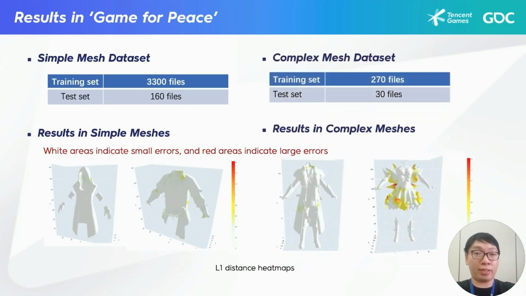We also created a complex mesh dataset, and the results below show that even on complex meshes, the effect is also good, with an average L1 distance of 0.21, which is slightly higher than that of simple meshes. This is because complex meshes have a variety of meshes and skeletons, making it more difficult to learn.